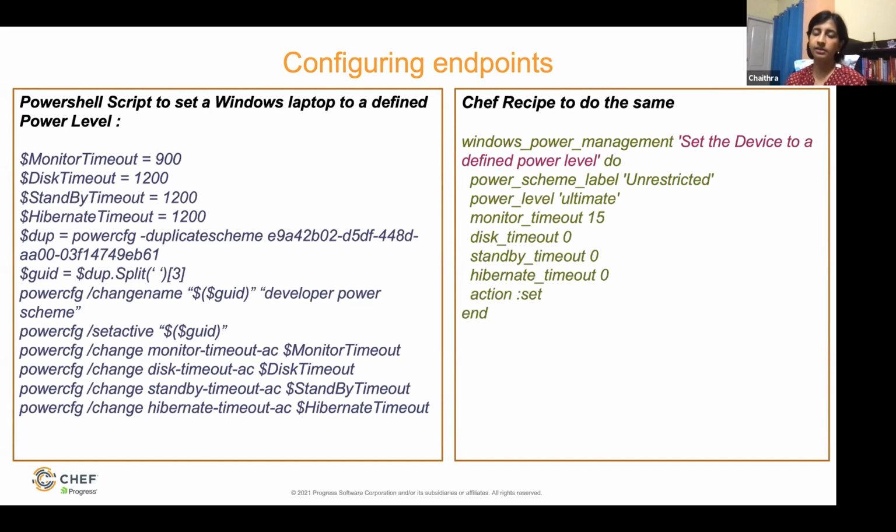So it's very self-explanatory, right? It's readable, it's elegant, and it's self-documenting. So any person in the team who writes this recipe doesn't have to do any documentation, and the rest of the team could just have a look at the recipe, or if a new person joins, he can just look at the recipe and he knows what is happening here.